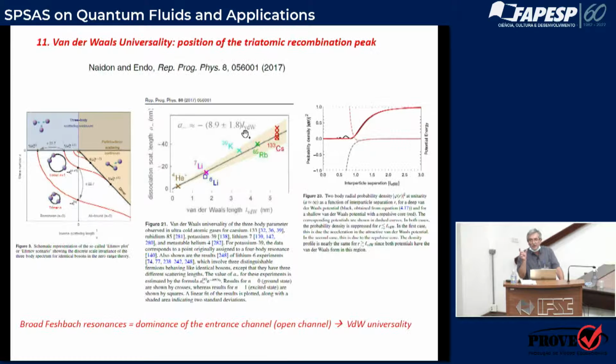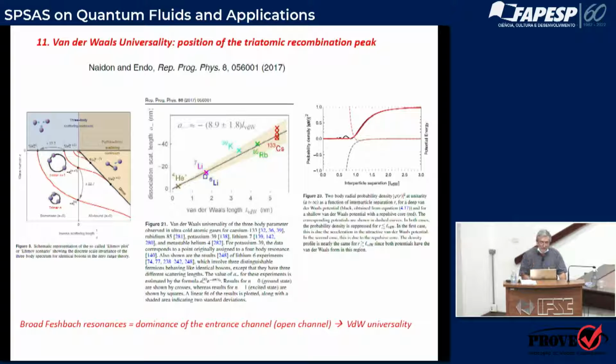Remember, the van der Waals length is that distance that I put in the beginning, where you have the repulsion starting. And then here is helium-4, lithium-6, potassium, rubidium, and so on. And then people say, okay, so your short-range physics is driven by the van der Waals length.